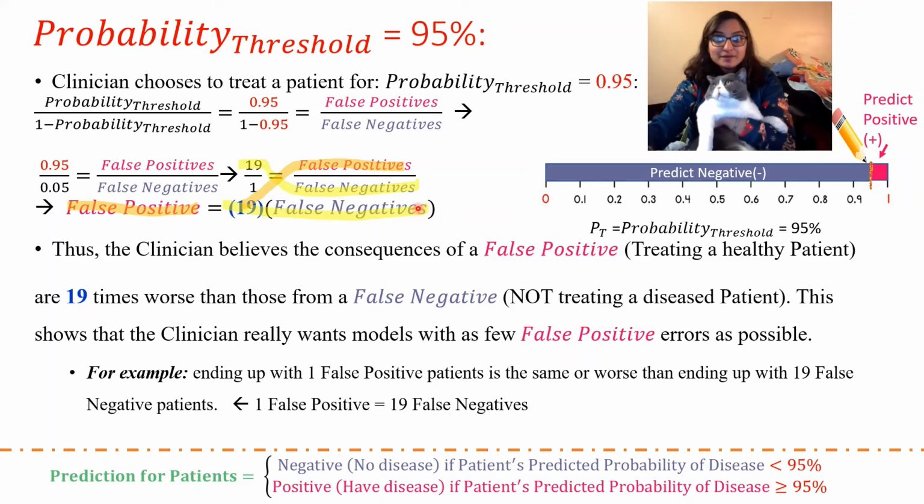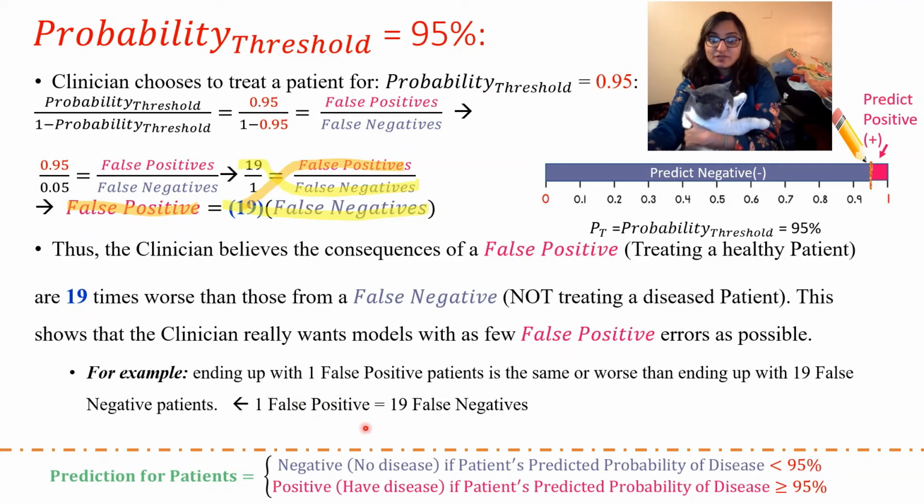And if you remember, when we had this threshold at 5%, it was flipped around. At 5%, it was the opposite, where 1 false negative was equal to 19 false positives. Ending up with 1 false positive patient is the same or even worse than ending up with 19 false negative patients.